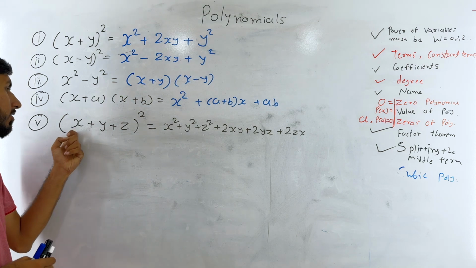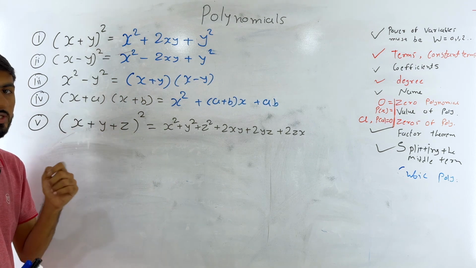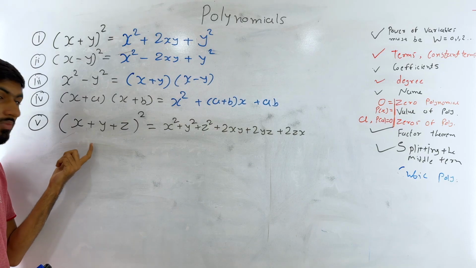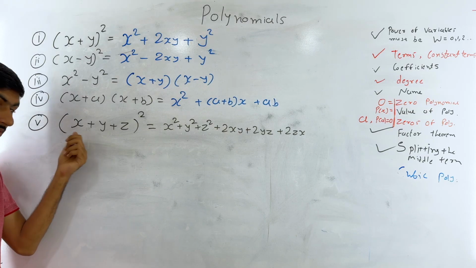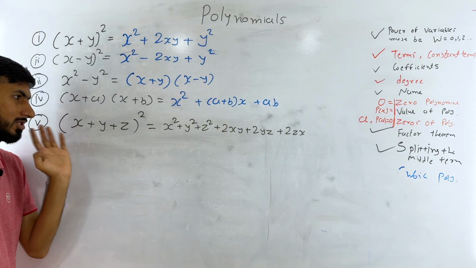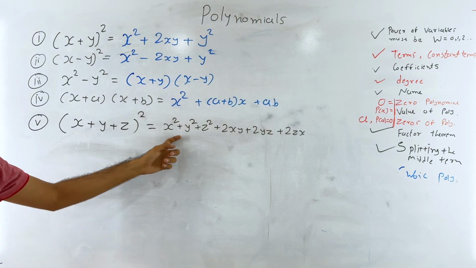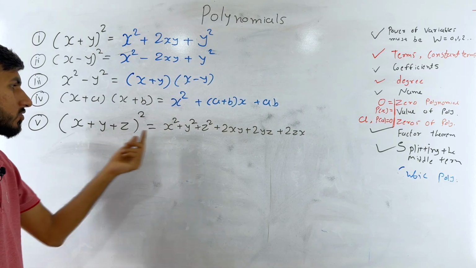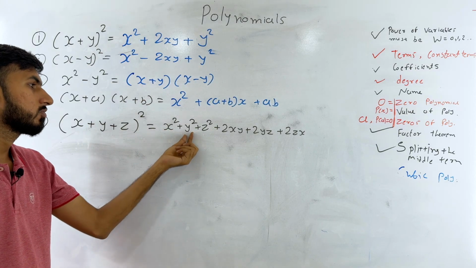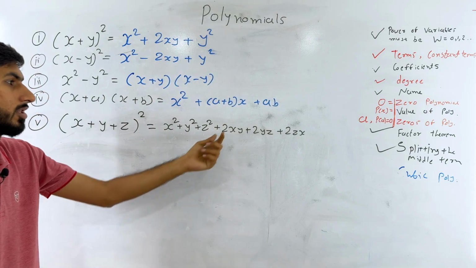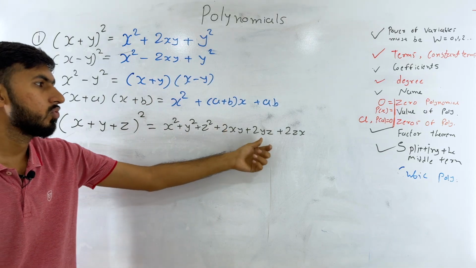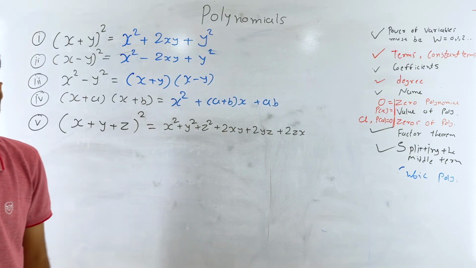Here anything can be in place of x, y and z, any number or any polynomial. My answer will be square of first whole term, square of second whole term, square of third whole term, then again 2xy, 2yz, 2zx, right?